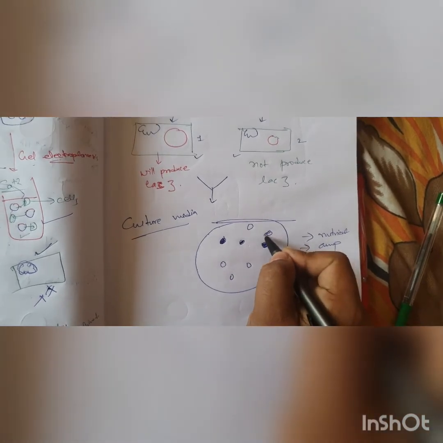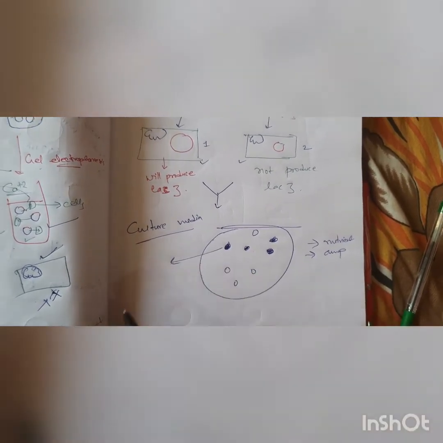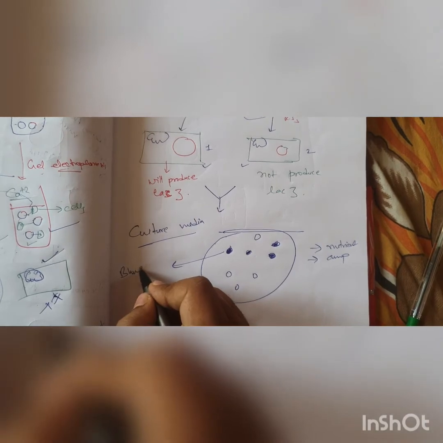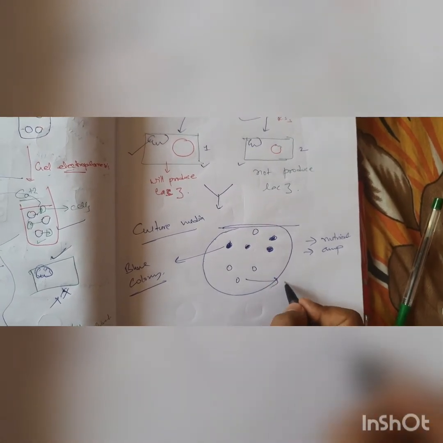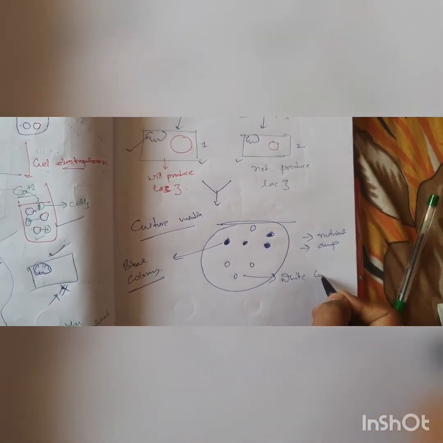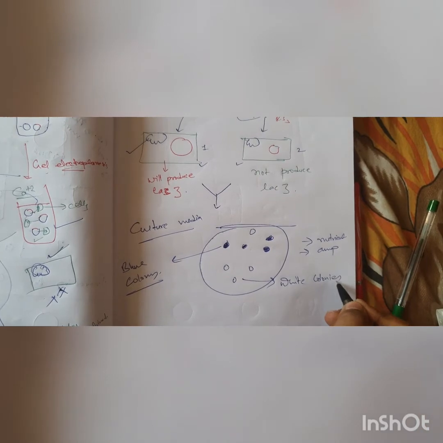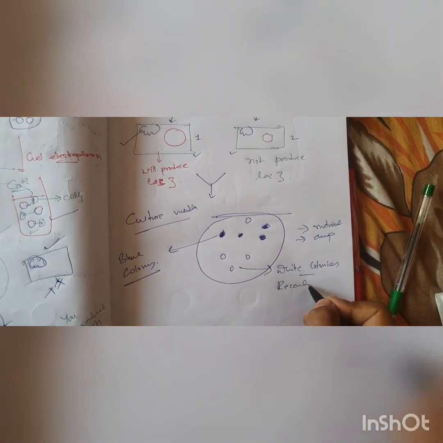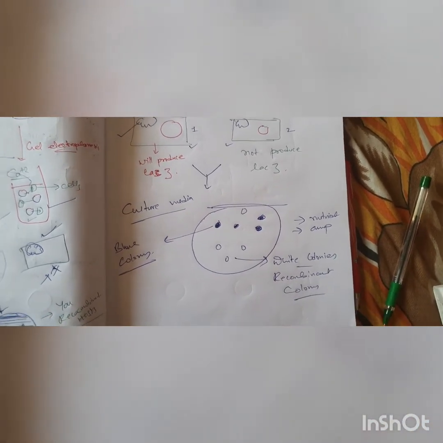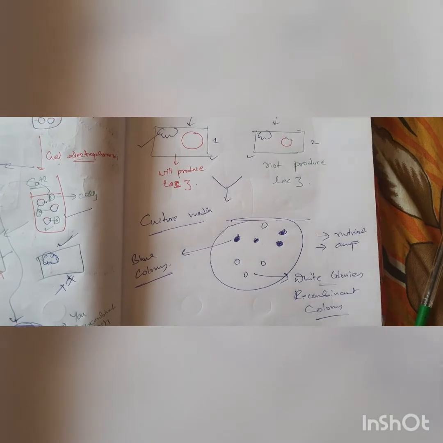Now the ones which have shown the blue colony have taken up this one, and you will select the white colonies which are your recombinant colonies. Now why do you take white colonies?